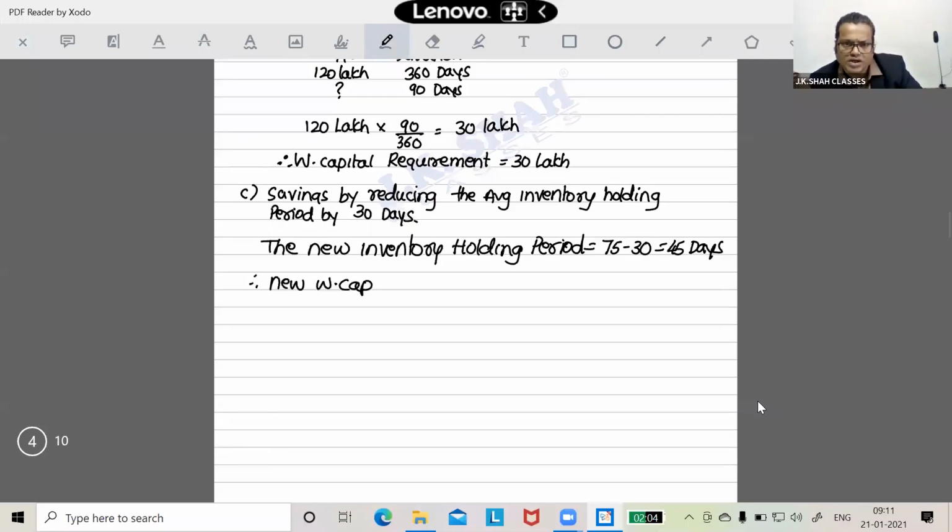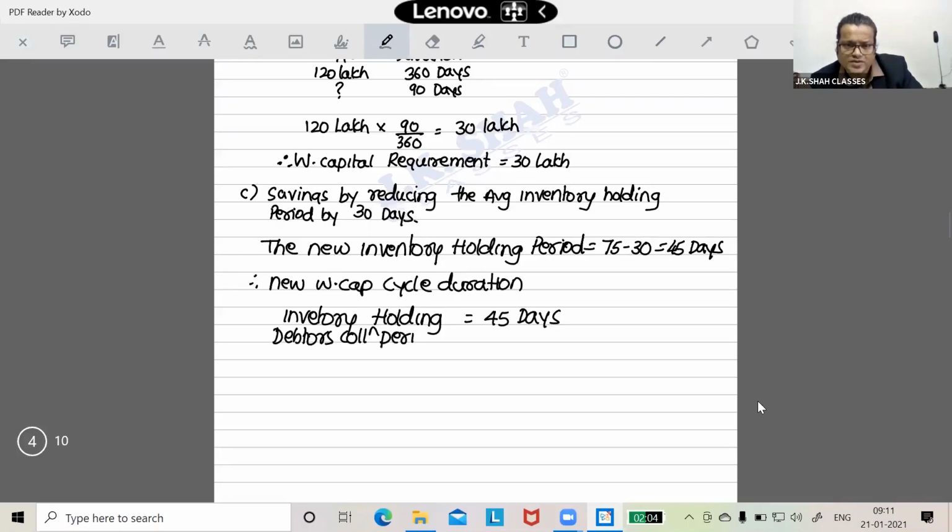Therefore, what will be the new working capital cycle duration? It will change, of course. So inventory holding, meaning finished goods holding, would be for 45 days. Rest of the things same. Debtors collection period, how much was it? I'll check in the question. 45 days.